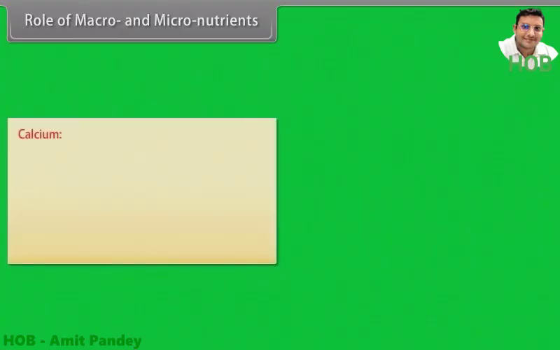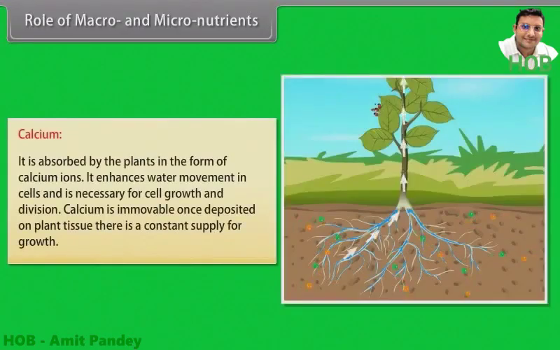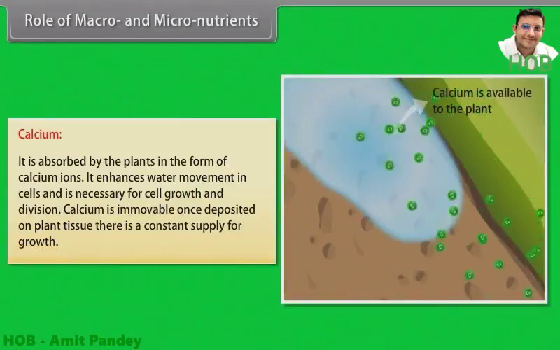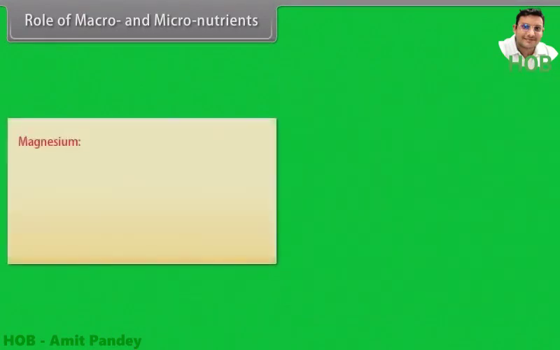Calcium. It is absorbed by plants in the form of calcium ions. It enhances water movement in cells and is necessary for cell growth and division. Calcium is immobile. Once deposited in plant tissue, there is a constant supply needed for growth. Magnesium.